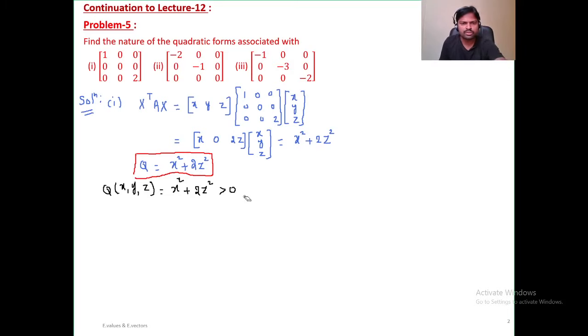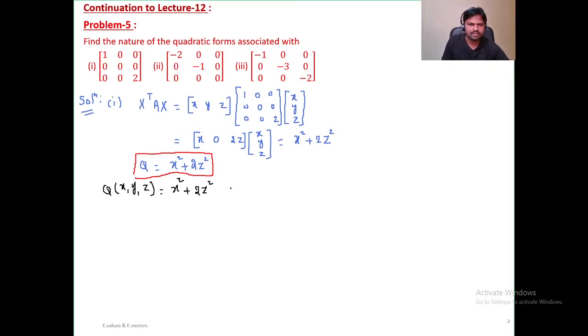Can you choose any other numbers such that this is equal to 0? So let me write first, after that I will give the sign for that.